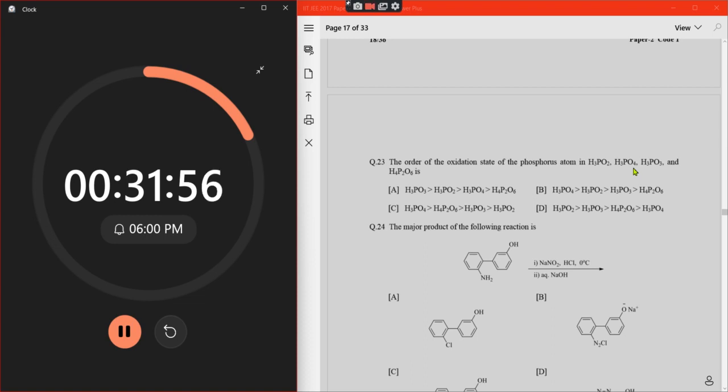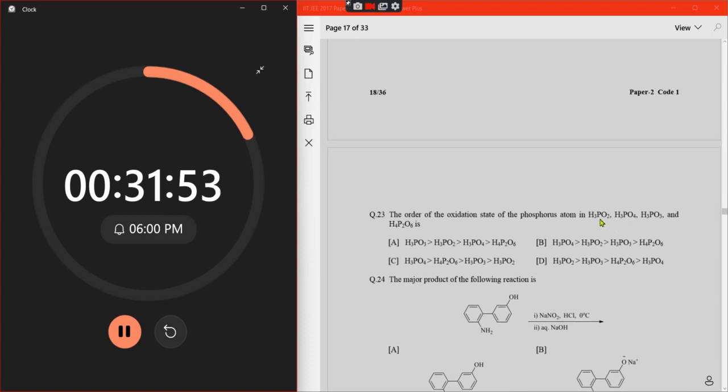H3PO4 में of course बढ़ गया. Start with maximum, H3PO4 का of course. Then H3PO3, and then H3PO2. I think that looks correct. Yeah, so C is correct, next question, let's put C.